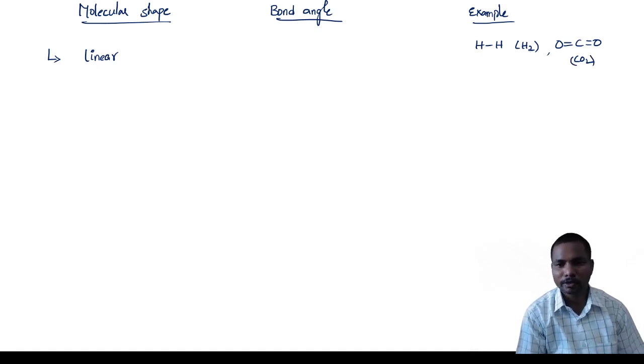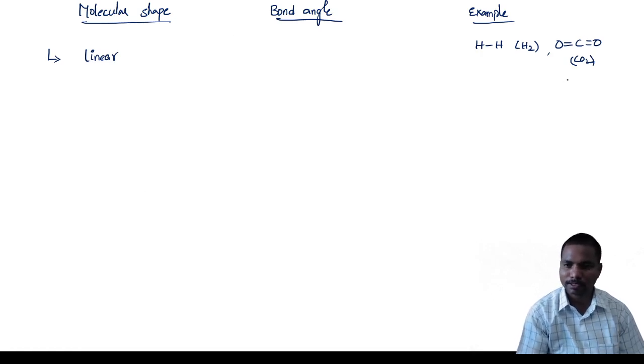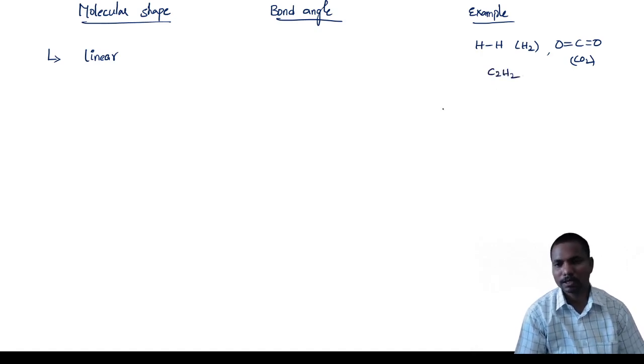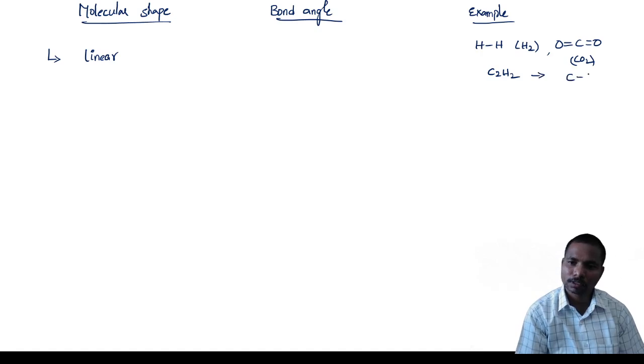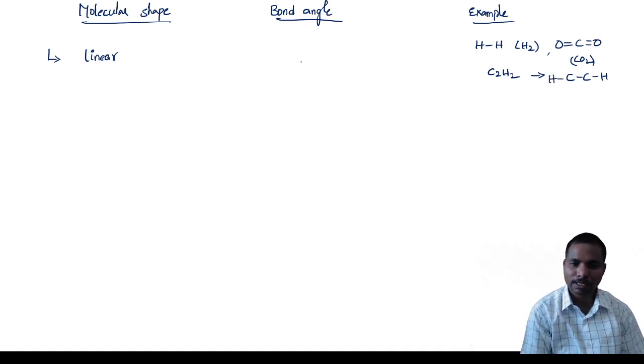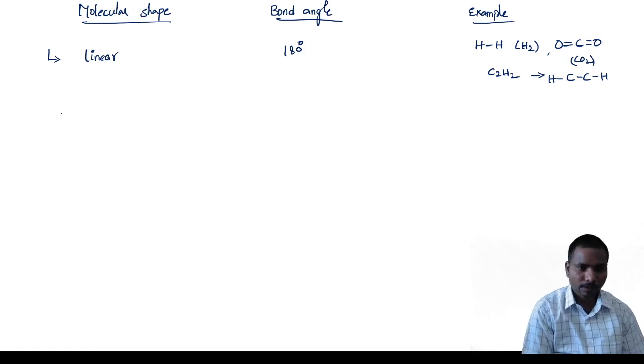C2H2, ethyne, in that, what is the molecular shape? That is also linear. And in the linear shape, the bond angle, if it is a straight line, means total 180 degrees.